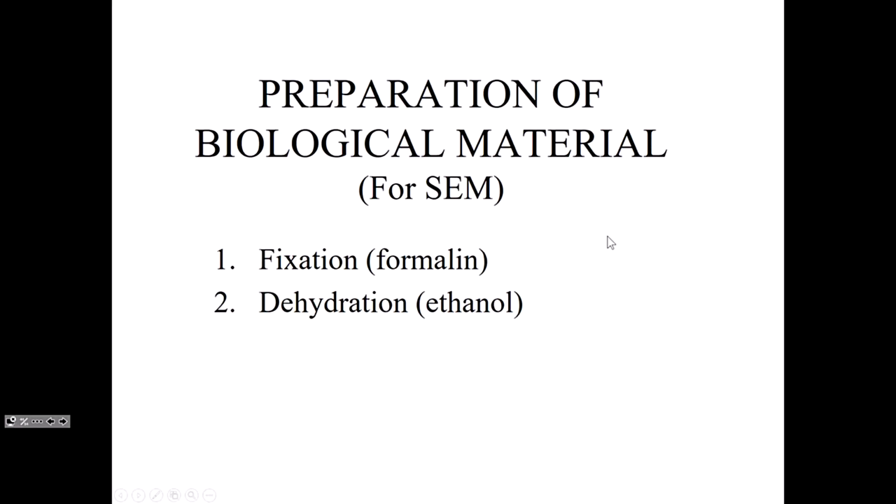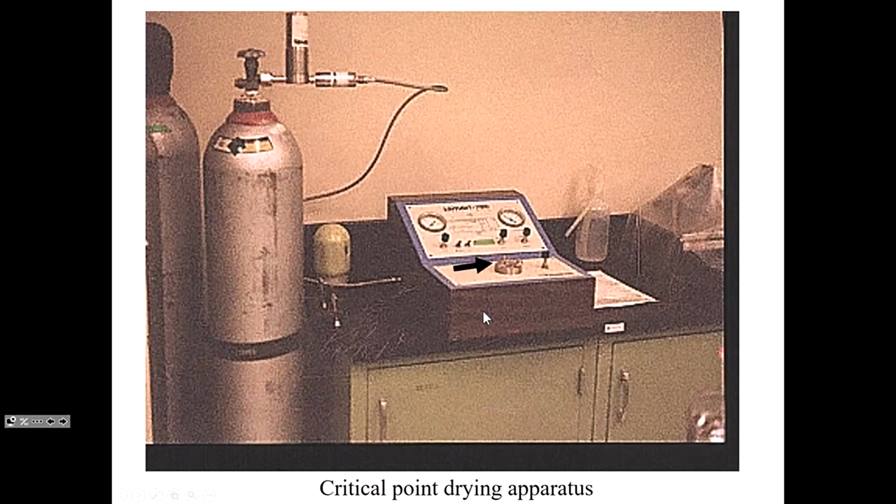Okay, the third major type of microscopy that we can use to observe cells and tissues is scanning electron microscopy, which is used more for surface structures. Again, for scanning electron microscopy, we have to fix the tissue with formalin, just like we did for light microscopy. We dehydrate it, in this case with ethanol, and then we dry the structure.